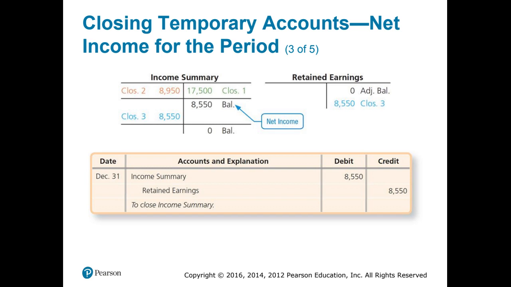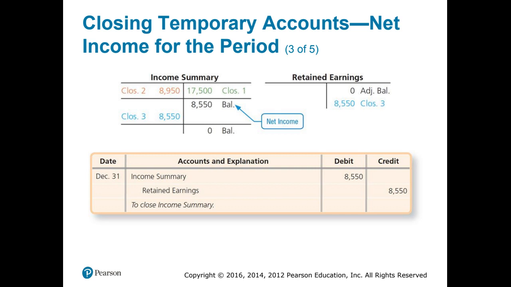which is here. So Smart Touch Learning has an $8,550 credit balance in the income summary account. This represents the net income for the period. Net income will now be transferred to the retained earnings account. We will debit the income summary and credit retained earnings.